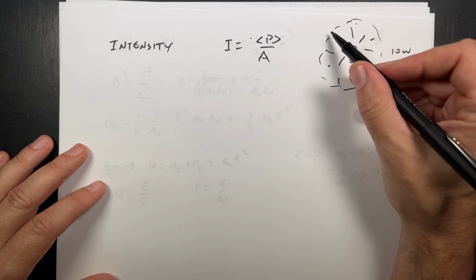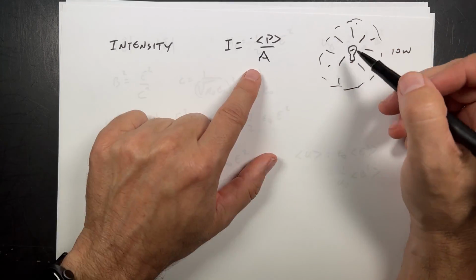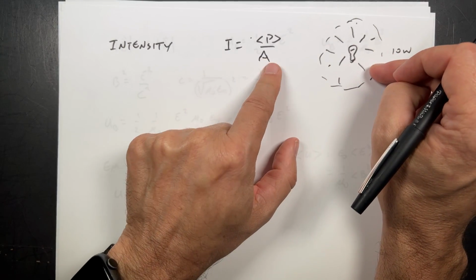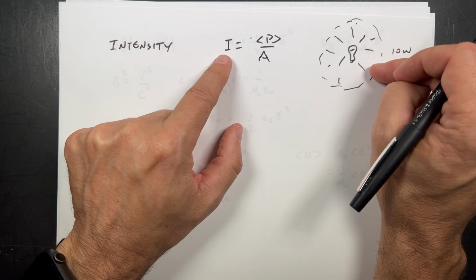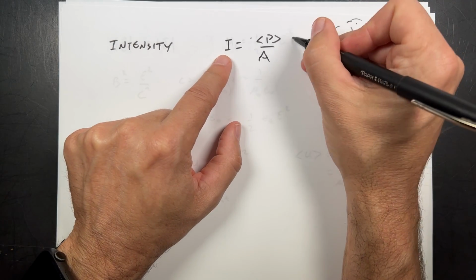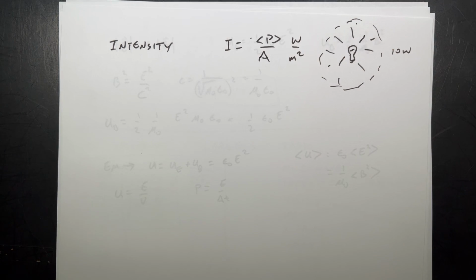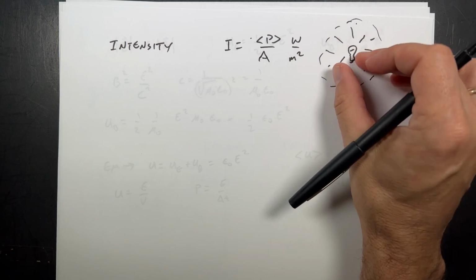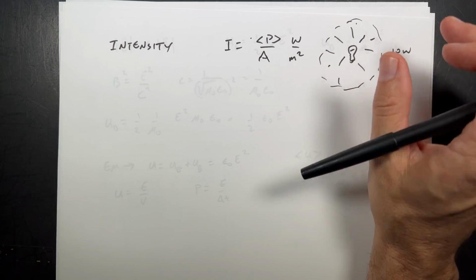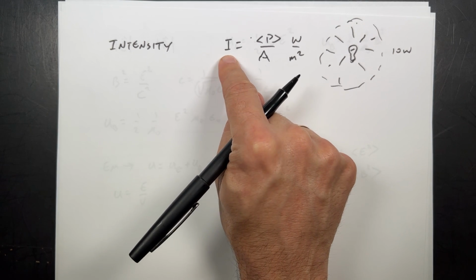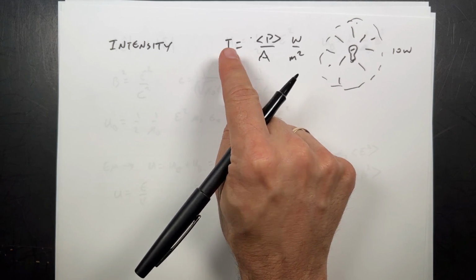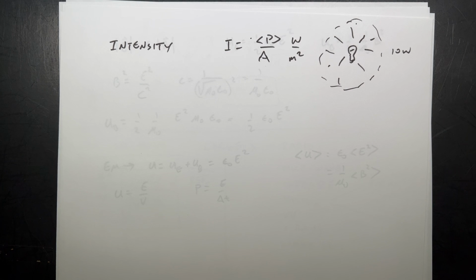Then you'll notice that as you get further away from the bulb, the area that it's spread over is larger, and so the intensity is less. This is kind of a big deal. This would be in watts per square meter, because we use this a lot in things like astronomy or any situation where you have light expanding and it doesn't appear as bright. So this is how bright it appears, right?